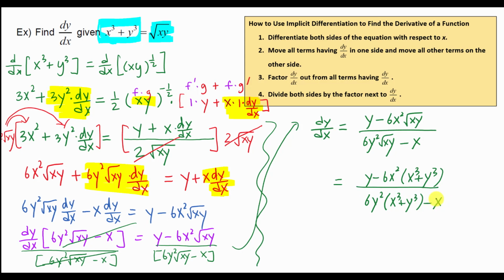And if you multiply that out, that will be equal to y minus 6x to the fifth minus 6x squared y to the third over 6x cubed y squared plus 6y to the fifth minus x. And that is your dy dx.